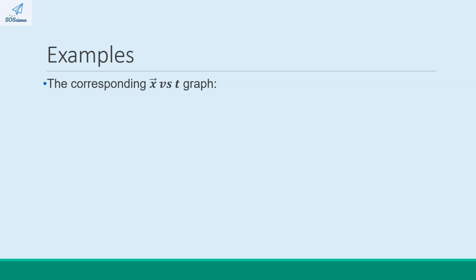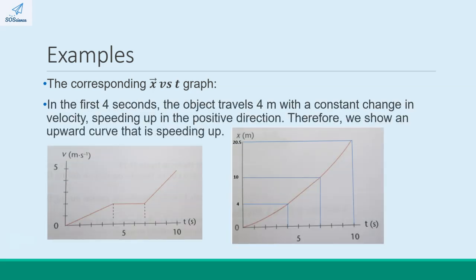Now, in order to draw the corresponding position time graph, here's what we need to consider. What we know is that in the first 4 seconds here, we have a constant change in velocity. So we know that the corresponding x graph for this v graph is going to be a curve.